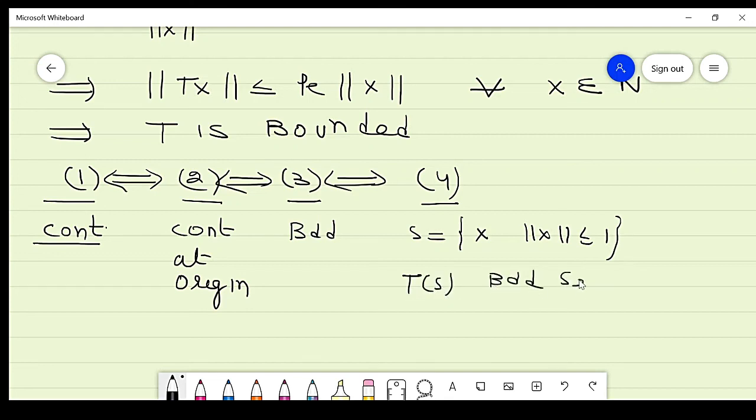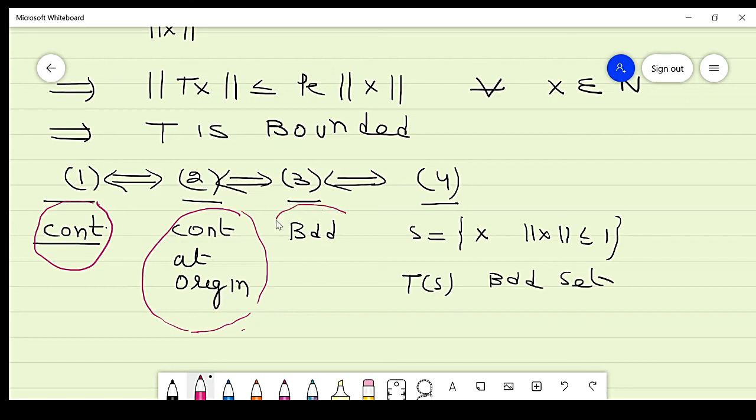It means that in functional analysis, if a linear transformation is continuous at origin, it will be continuous on the entire space. If it is bounded, then again it will be continuous.